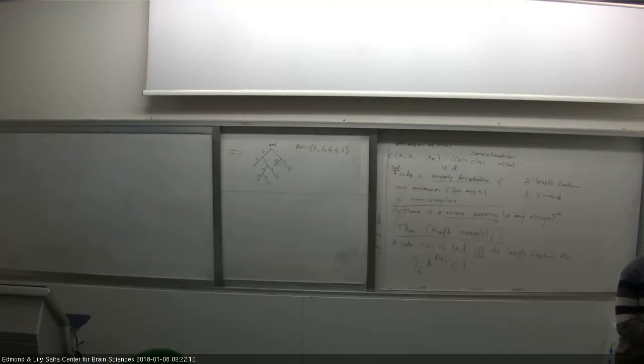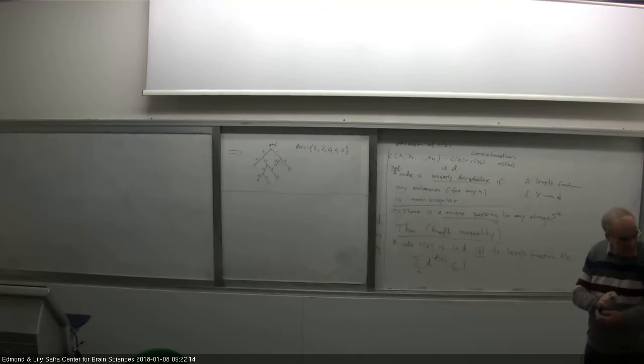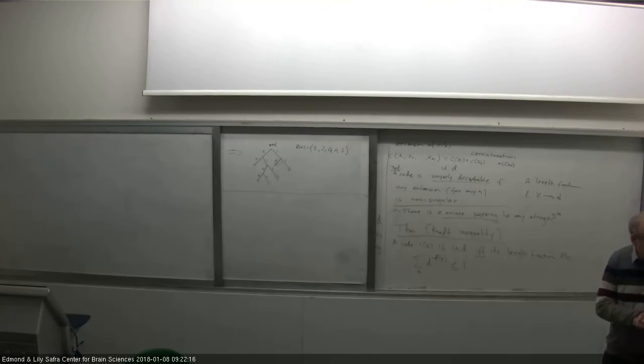So there are many codes. It's not a unique code. The Kraft inequality doesn't uniquely define the code, but any uniquely decodable code obeys the Kraft inequality, and any sequence of lengths which obeys the Kraft inequality corresponds to some uniquely decodable code.